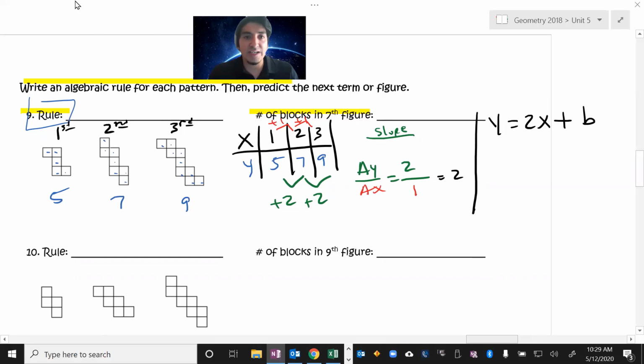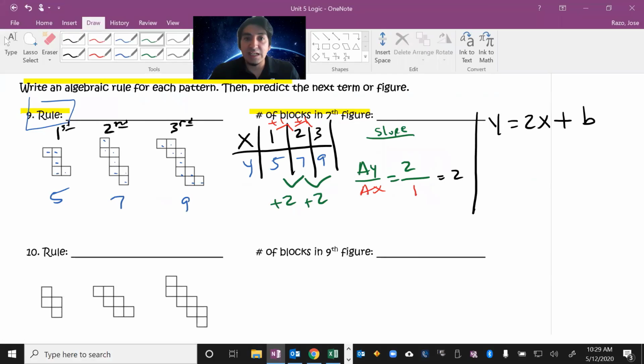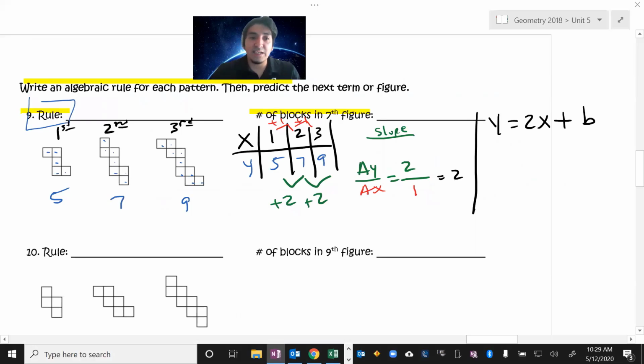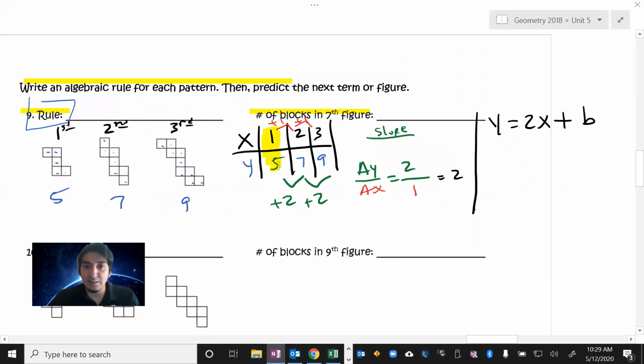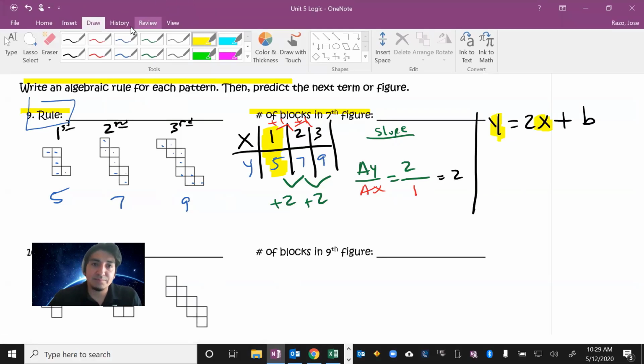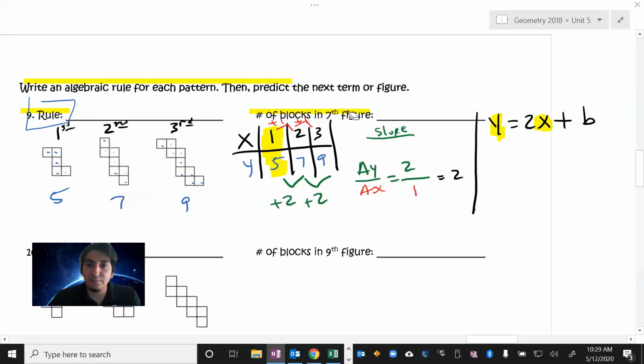Now you want to plug in a certain point from your table. For my table, I'm just going to pick the most basic one, because sometimes you don't have that many large values to work with. So I'm going to replace 1 and 5 for x and y. Now you want to plug them in.